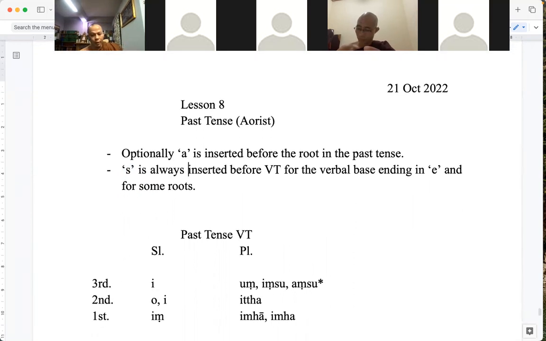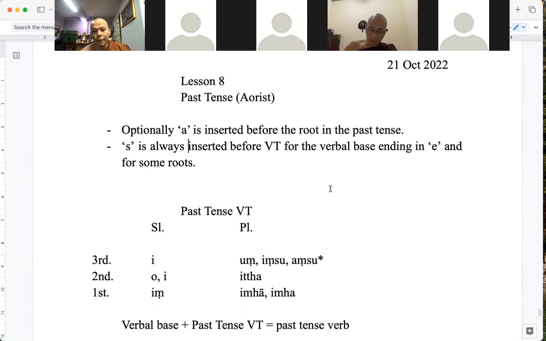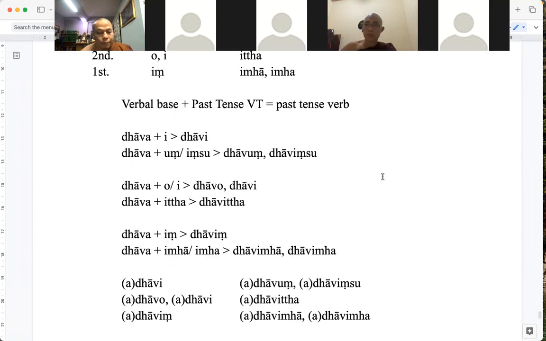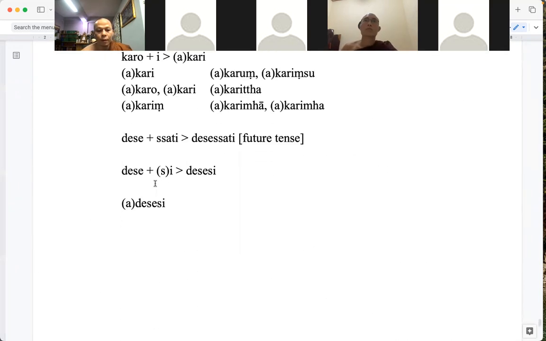Inserted before the vowel termination, for the vowel base ending in A, and for some roots. No exception there. So DCC, RDCC, and the DC, so sa is inserted, you see.